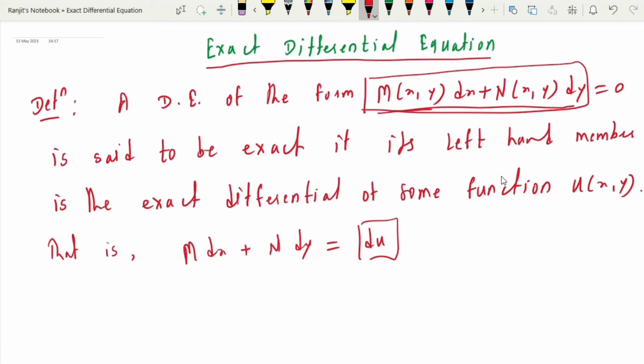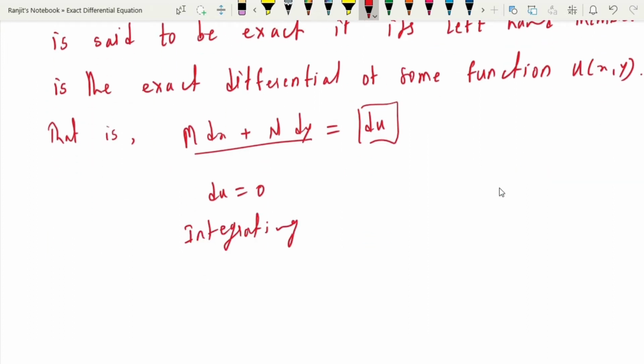Now this M dx plus N dy is equal to 0 and therefore du is equal to 0. Integrating this, u(x,y) is equal to c. This is the solution of the exact differential equation.